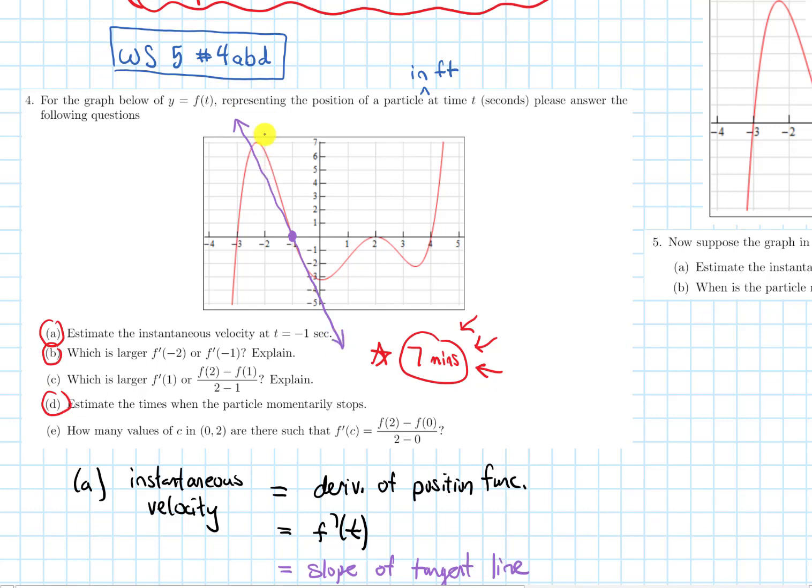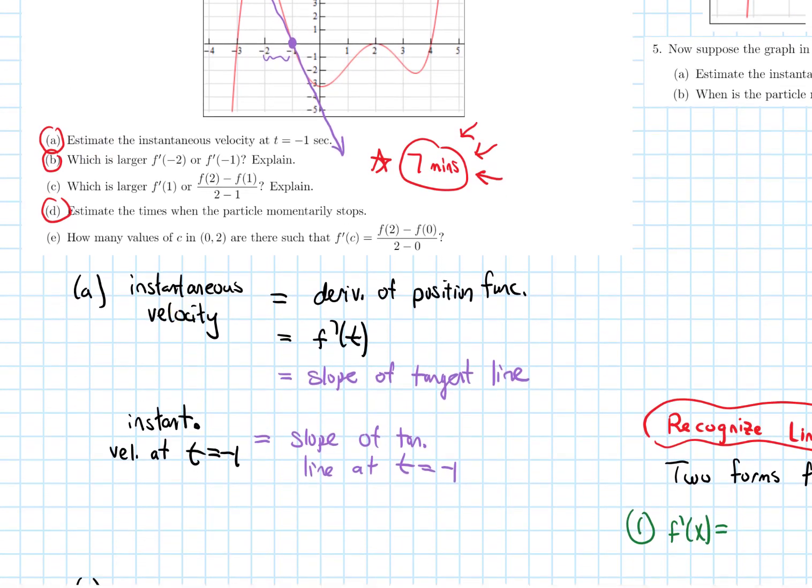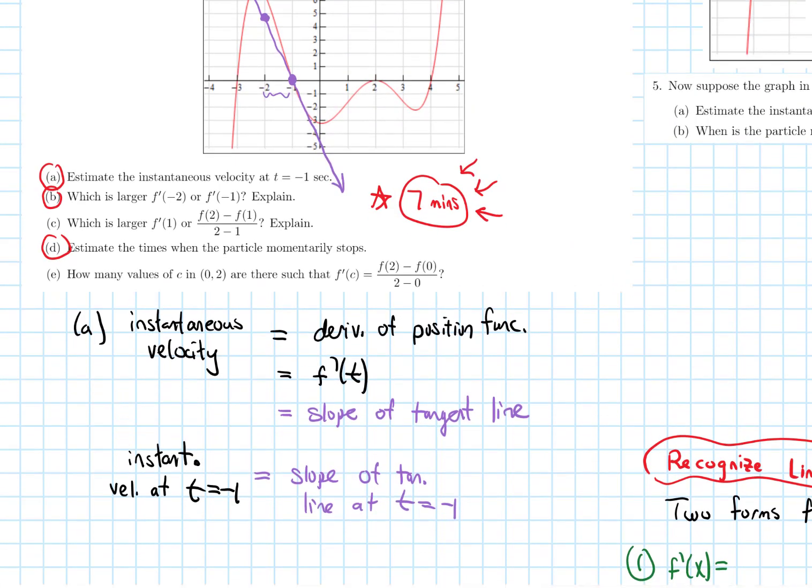It seems like my tangent line, if I go 1 unit this way, goes through a point that's pretty close to 5 units up. Maybe it's a little bit less than that, but it's an estimate, so let's use that. If I use rise over run, the rise going from this point to that point is going down 5 units, so I'll have -5, and the run is 1, so I get -5 over 1.